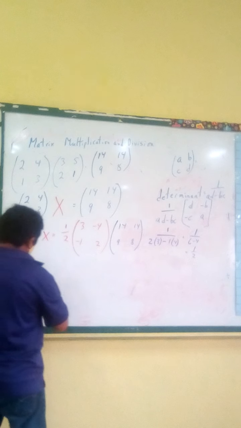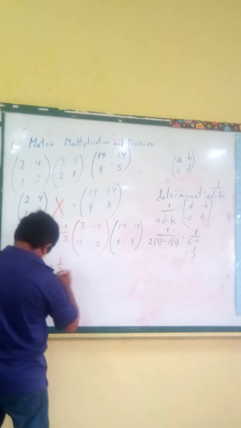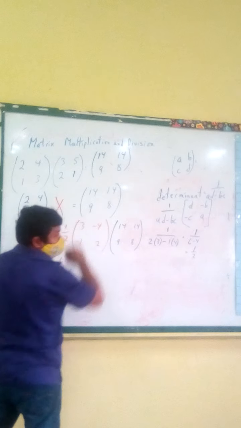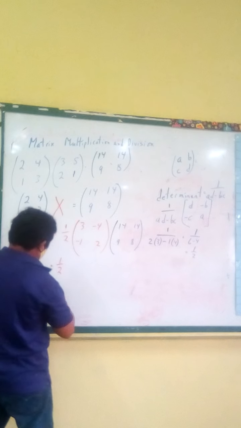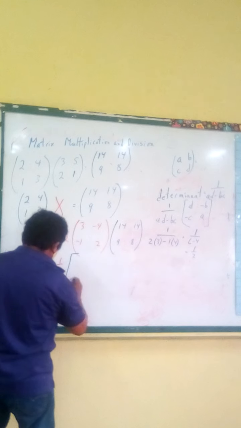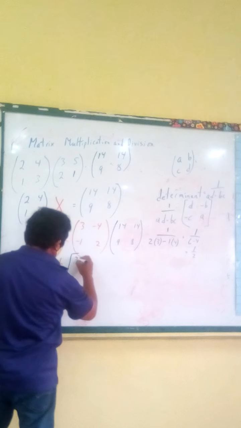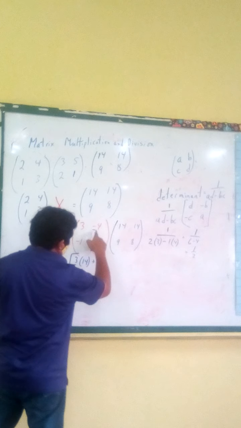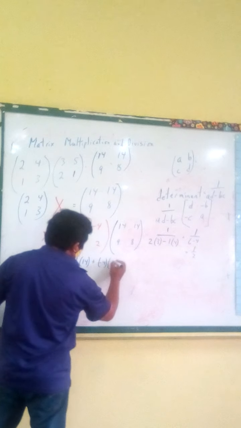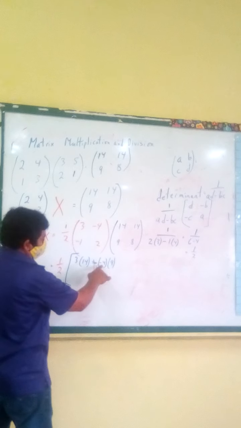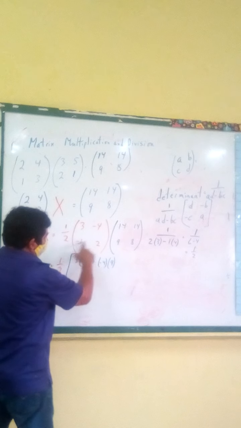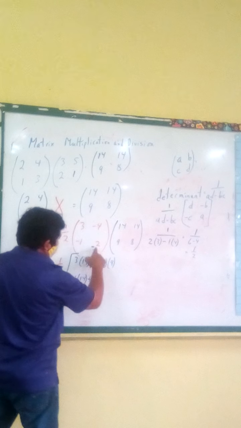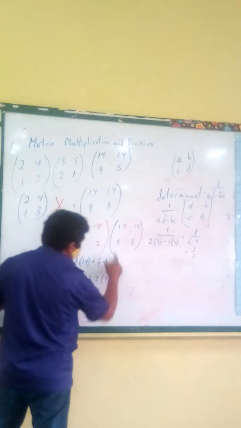So you continue with the steps and put 1 over 2, and you multiply this matrix the same way you multiply this one to get the solution. Let's do that piece there. I'm going to have here now 3 times 14 plus negative 4 times 9. Please take note of the negative. Negative 1 times 14 plus 2 times 9.